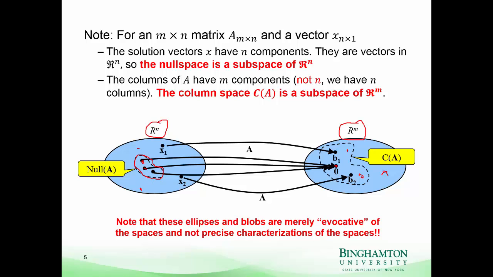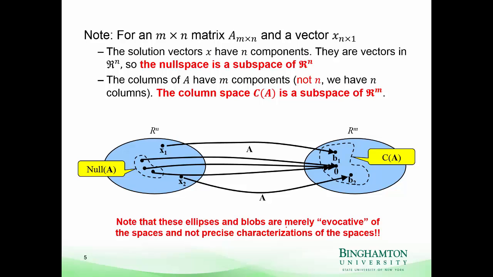This little kidney bean shaped area I'm calling the null space. So anything in that little kidney bean will map to 0. So here is another point that will map to 0. And these are good ways to visualize what's going on.